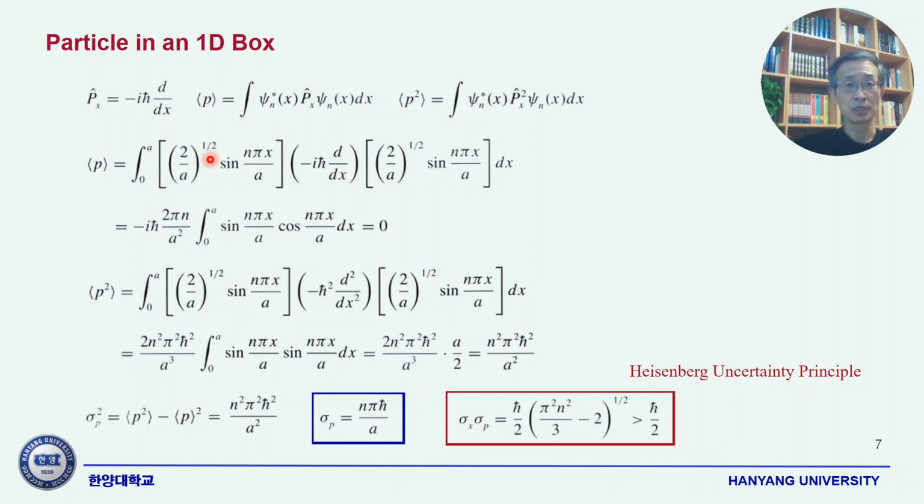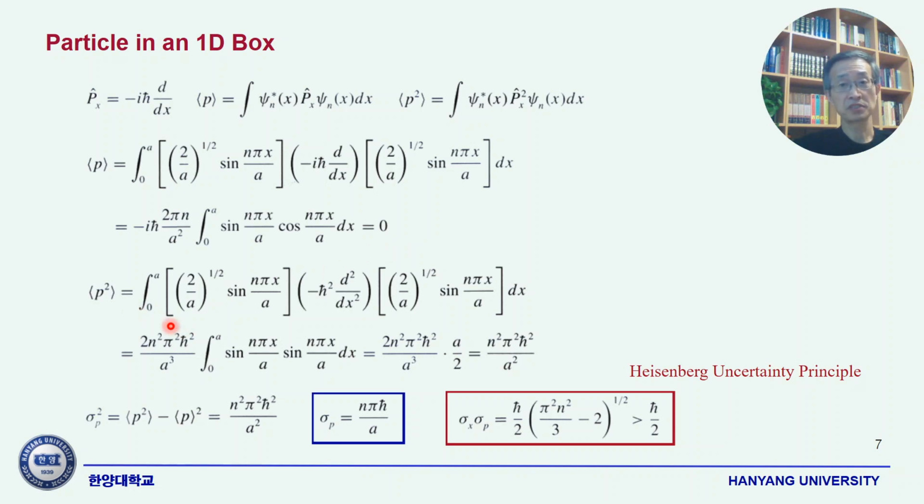Of course, if you integrate, you must take a derivative, meaning you apply the operator, and do the integration. And then this is the result. For p, the average is 0, which is reasonable because in your box the particle goes back and forth, either in the minus direction or the positive direction. So the average must be 0.